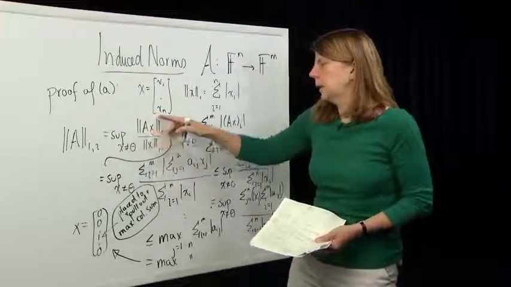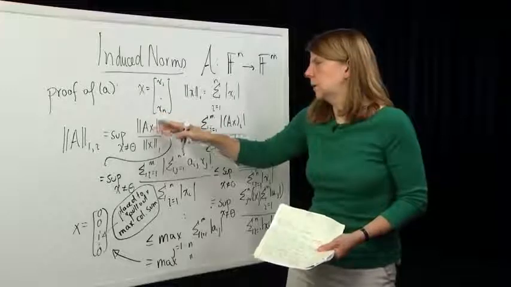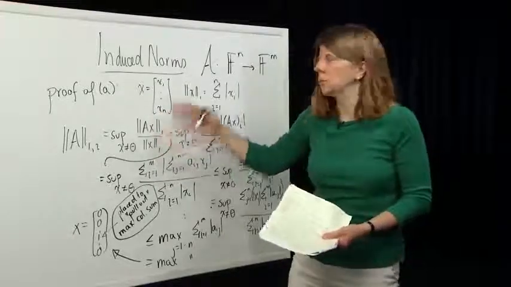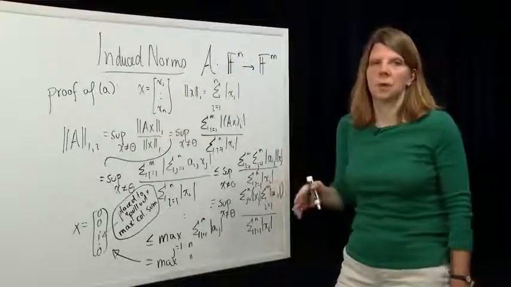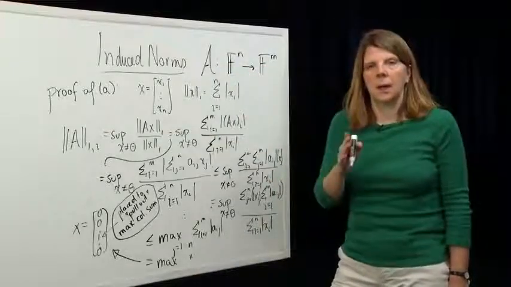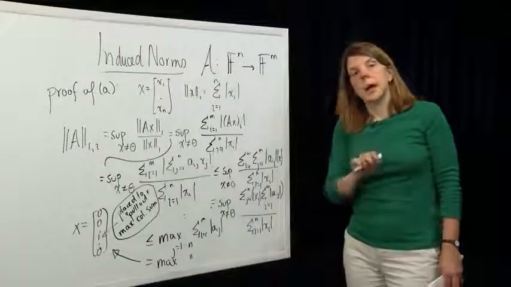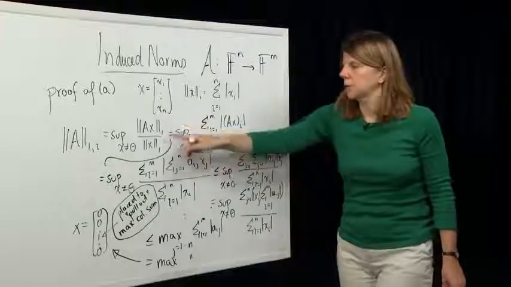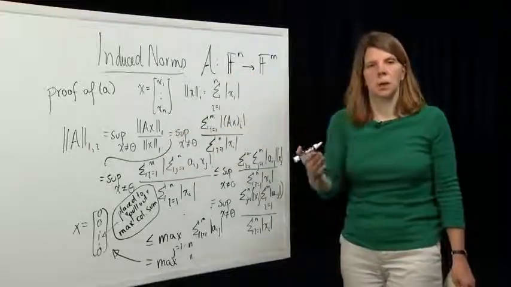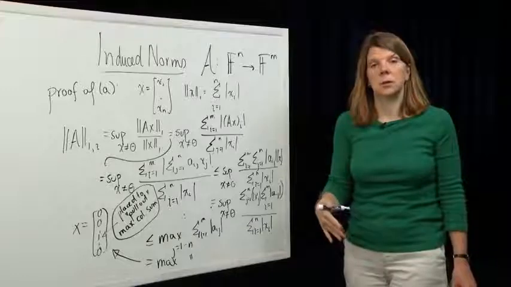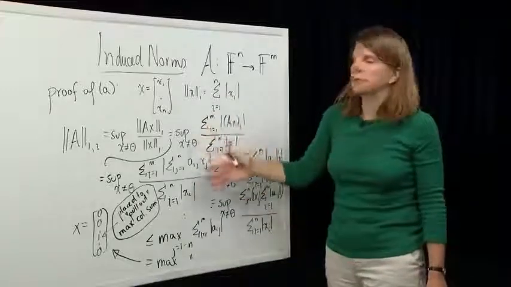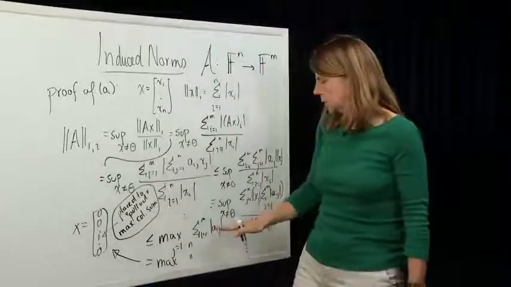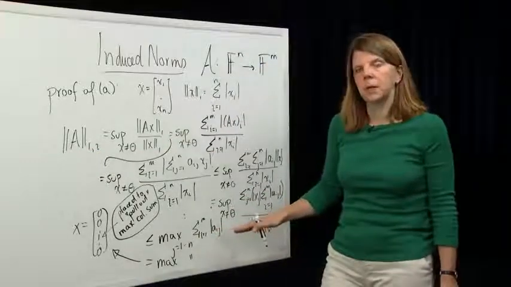So we think about that norm as the corresponding vector norm when you apply A to vectors, when you think about A as an operator from one vector space to another. Moreover, we've shown that that abstract definition reduces to something very useful when we think about those vector norms in Rn as being either the one norm, the two norm, or the infinity norm. And we showed the process for deriving, at least for the one norm, how you would go from the abstract definition to the concrete representation.